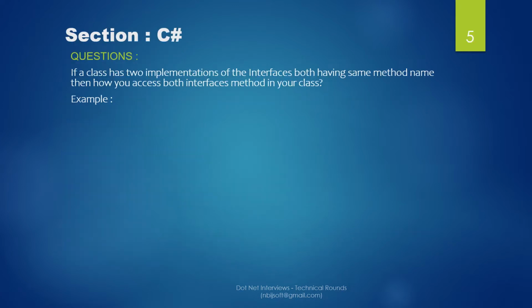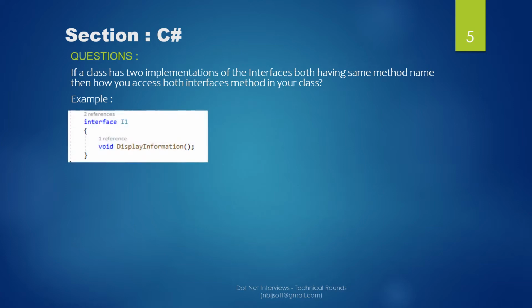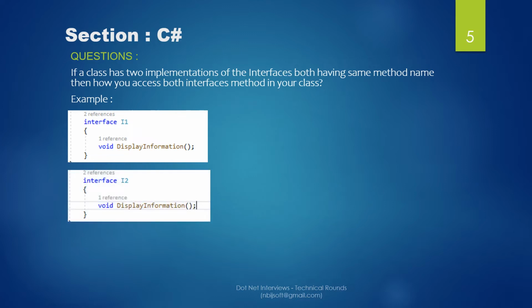Now they asked a second question. If a class has two implementations of interfaces, both having the same method name, then how do you access both interfaces' methods in your class? What they are trying to say is, suppose you have interface I1 and interface I2, and both interfaces have the same method name, like display information.